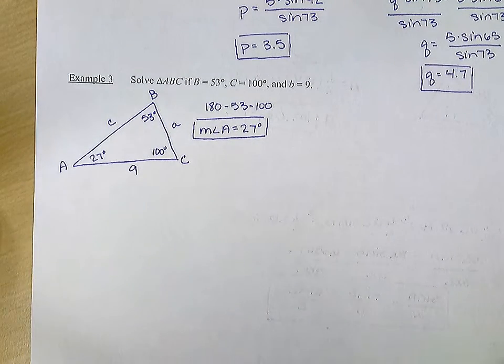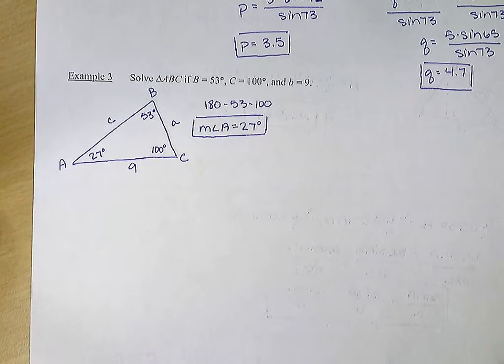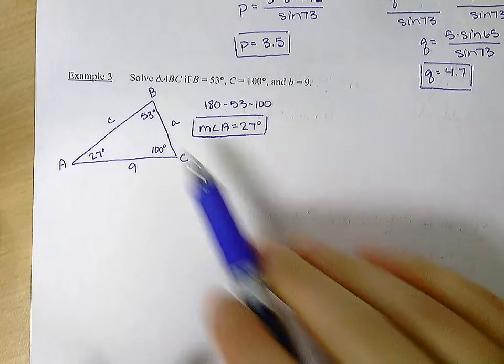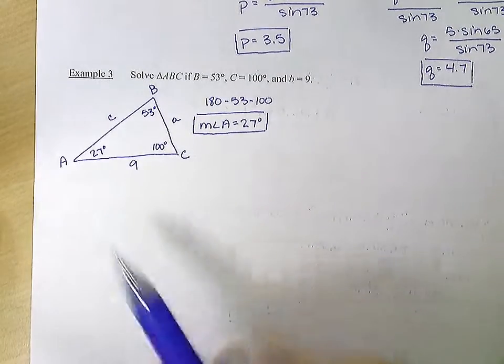It's my first step. Next step, I want to use law of sines to solve for my remaining two sides. So which side should we solve for first? We'll solve for side A first. Now, which angle do I have to use in law of sines? B. I have to use B because I have that angle and I have its opposite side.